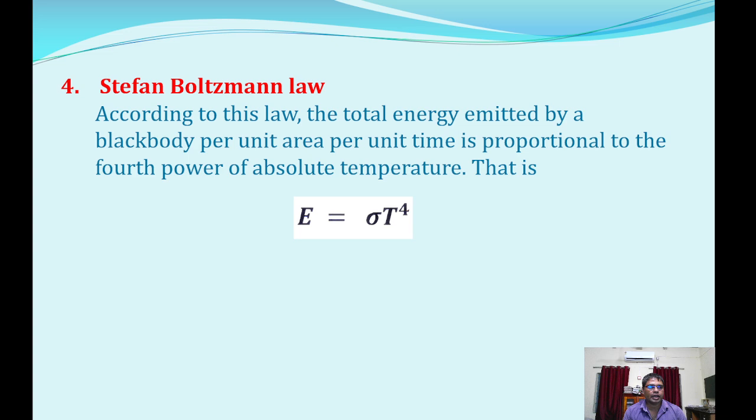So, mathematically, this law is expressed as E equal to sigma T to the power 4, where sigma is called the Stefan-Boltzmann constant and its value is 5.67 into 10 to the power minus 8 joule per meter square per second Kelvin to the power minus 4.